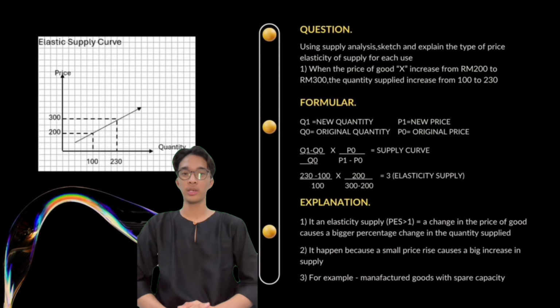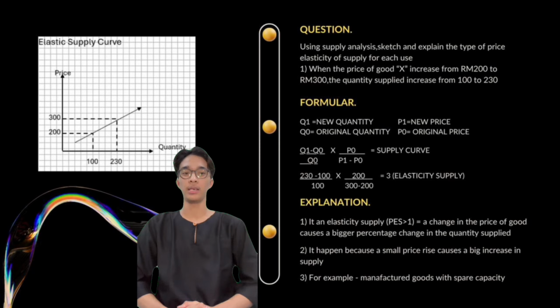For the formula, Q1 minus Q0 divided by Q0, times P0 divided by P1 minus P0. That means 230 minus 100 divided by 100, times 200 divided by 300 minus 200. That means 3. For the explanation, it is an elastic supply, bigger than 1.